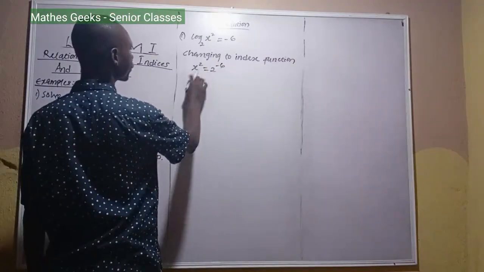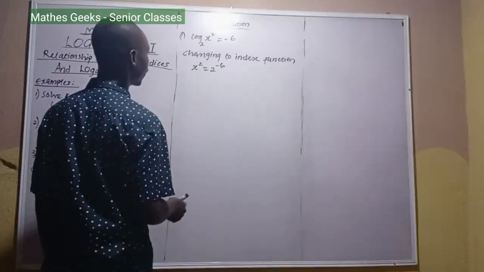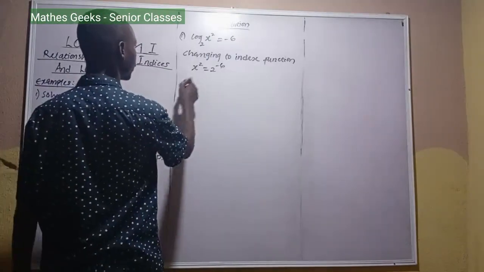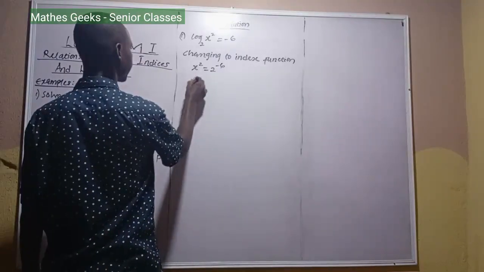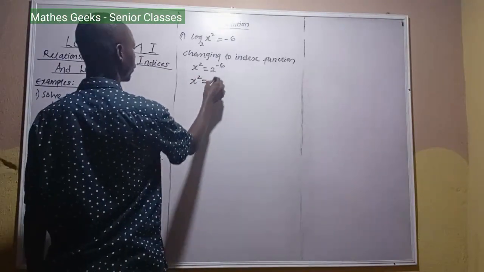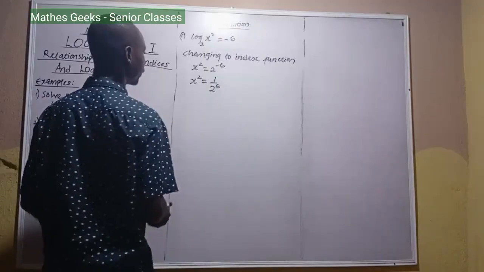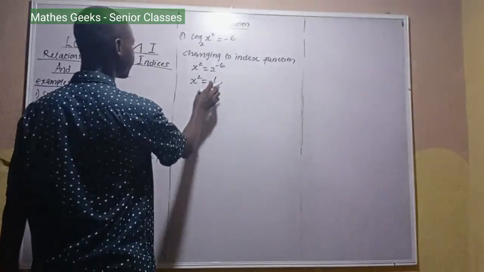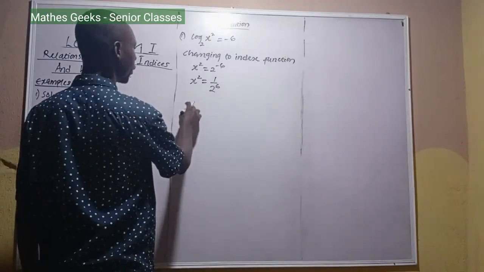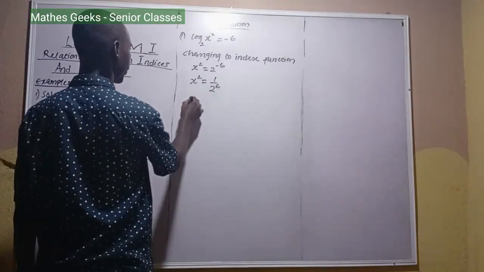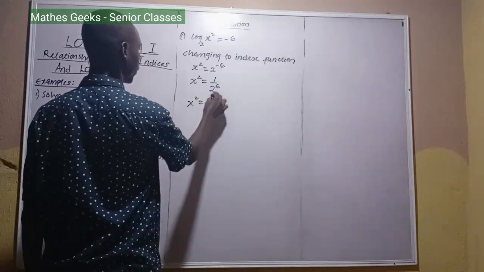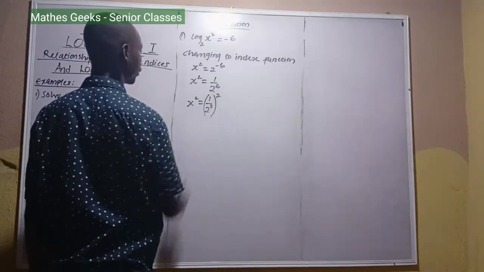This will give us x raised to the power 2 is equal to 1 over 2 raised to the power 6, which is 1 over 2 raised to the power 3, all raised to the power 2.